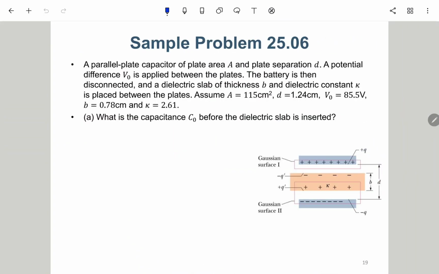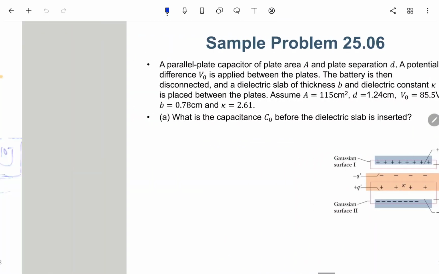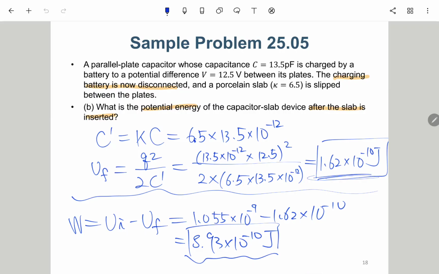So for the capacitor itself, you can see that the energy stored there becomes less. You feel like you didn't do much, but actually you inserted the slab, so some of the energy is absorbed by that dielectric.